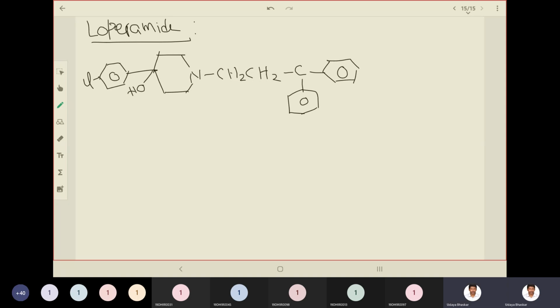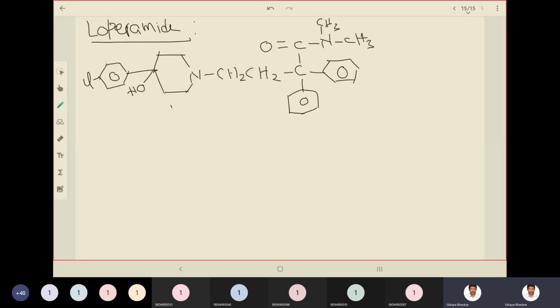And here you have C double bond O, N, CH3 and CH3. So this is CON, both hydrogens of NH2 replaced by methyl. So this is an amide.